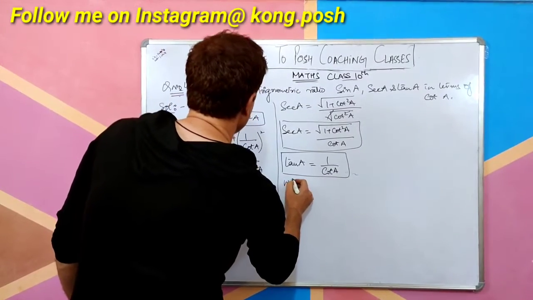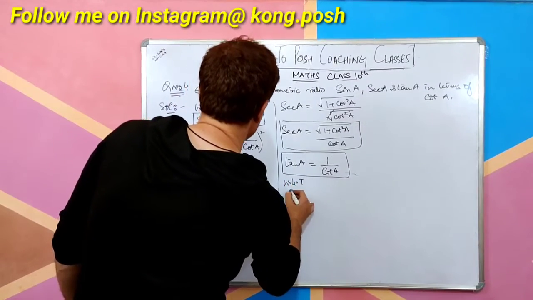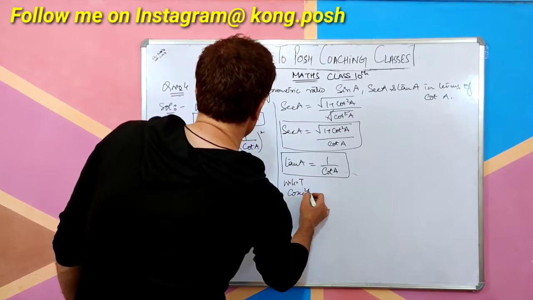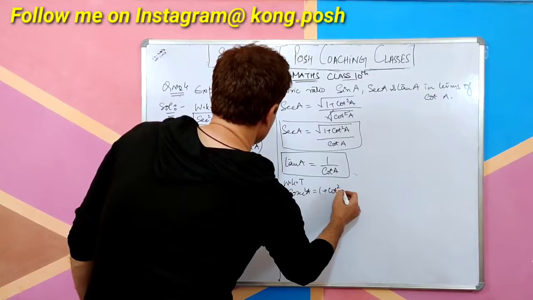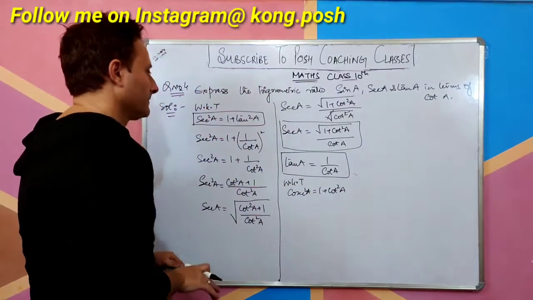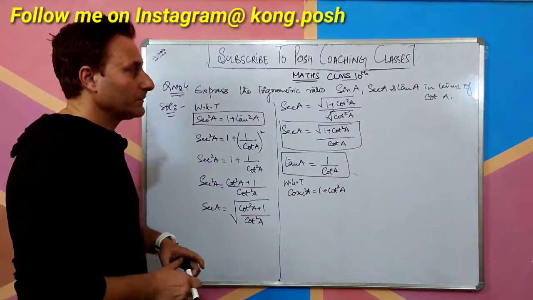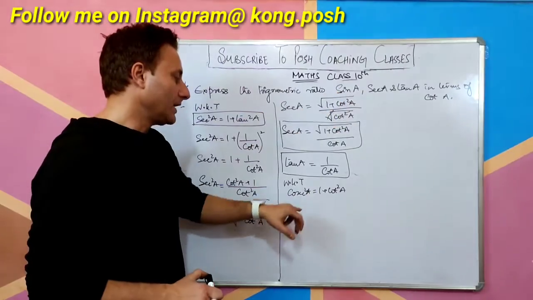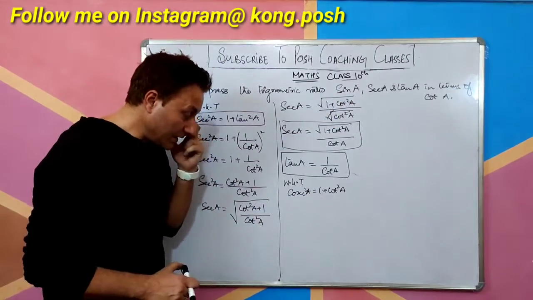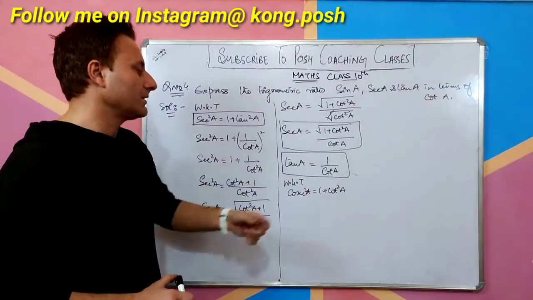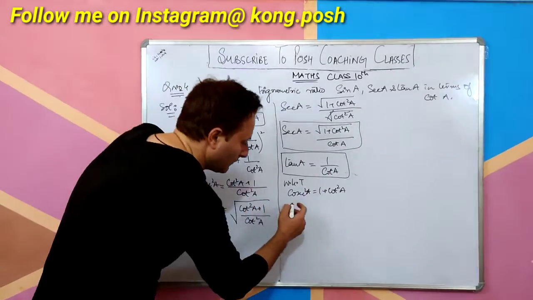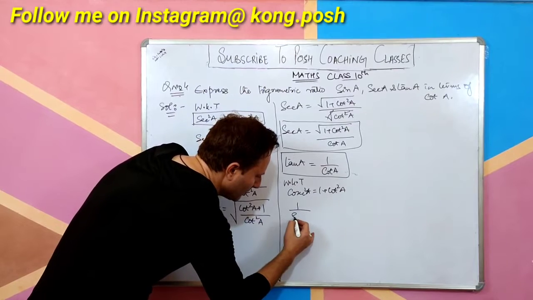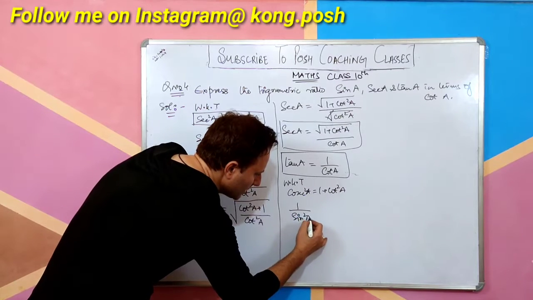We know that cosec square A is equal to 1 plus cot square A. I need to find sine, but I am using an identity and it says cosec square A is equal to 1 plus cot square A. But I know for a fact that cosec is 1 upon sine, so cosec square A is 1 upon sine square A.